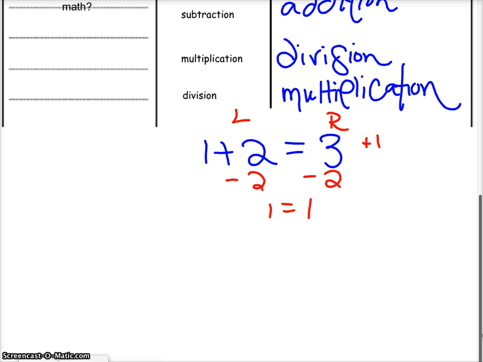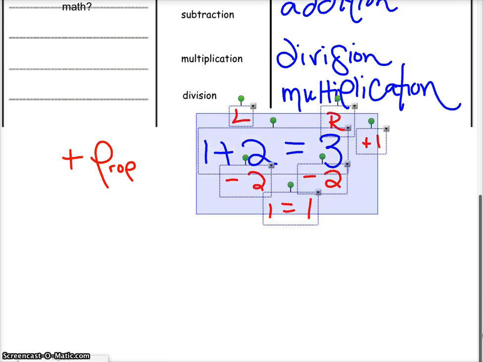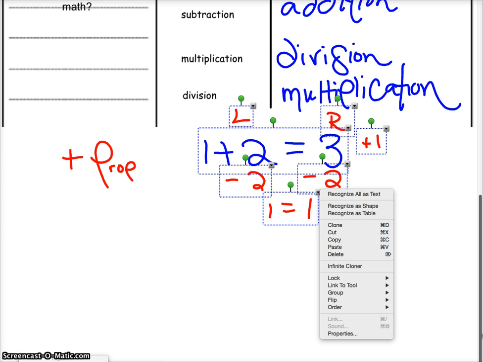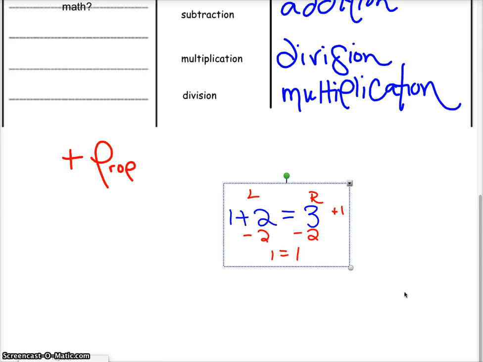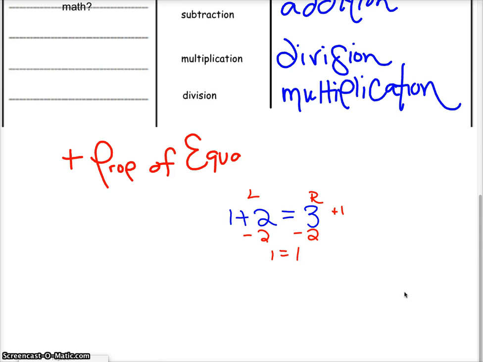Okay, so you have the addition property of equality. So, write this down actually: addition property of equality, subtraction property of equality, and you have the multiplicative property of equality. There's tons of them.